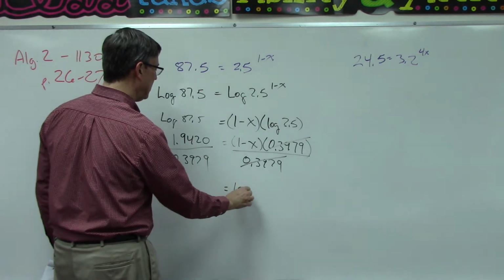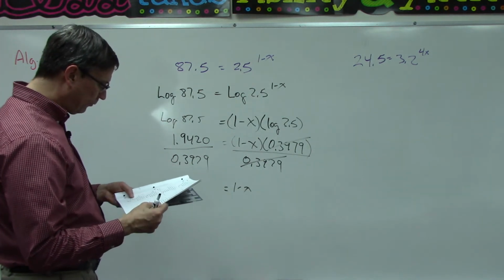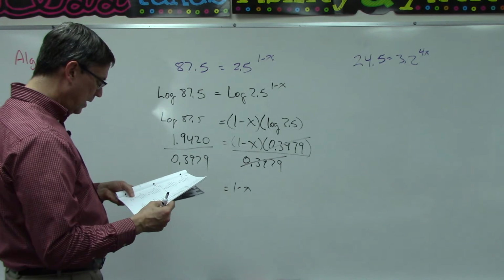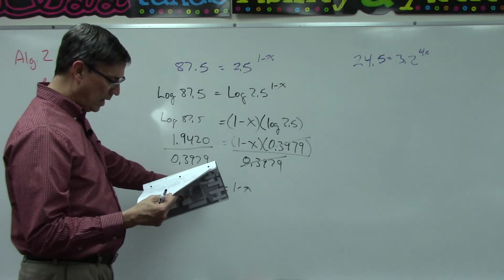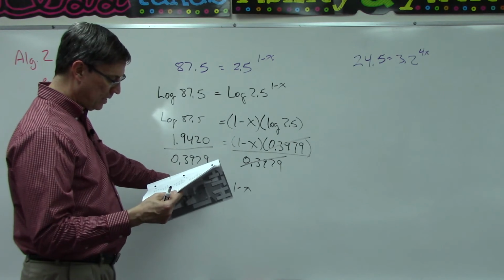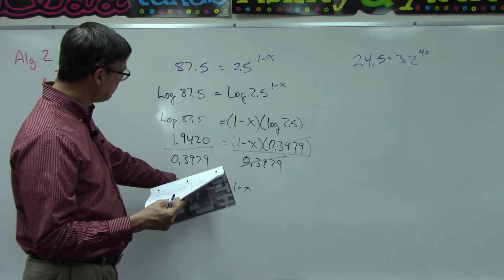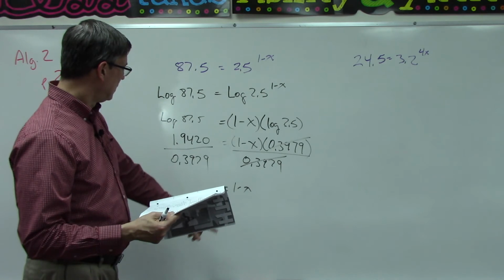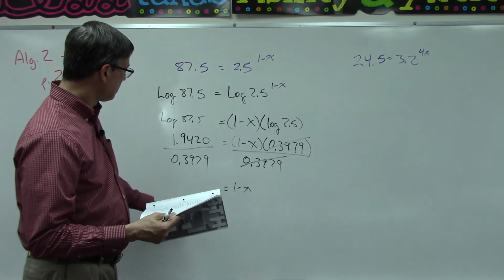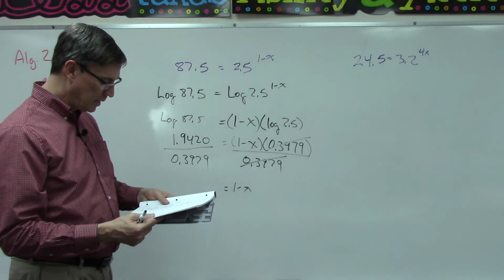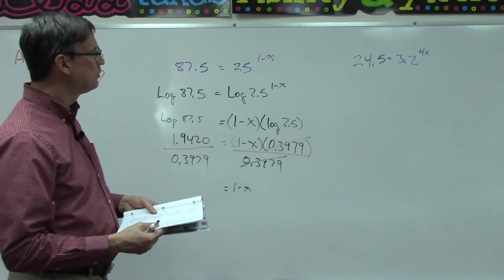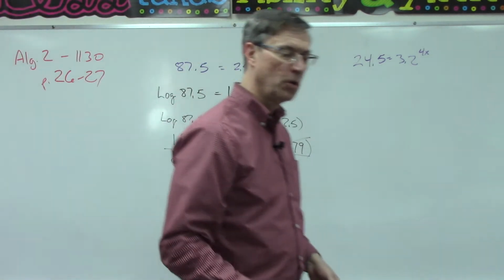So we get 1 minus x equals, and then go ahead and divide that, and then your last step is to subtract, and it's just like algebra 1 from that point. You actually get a negative 3 point something for your exponent. All right, go ahead and finish that one.